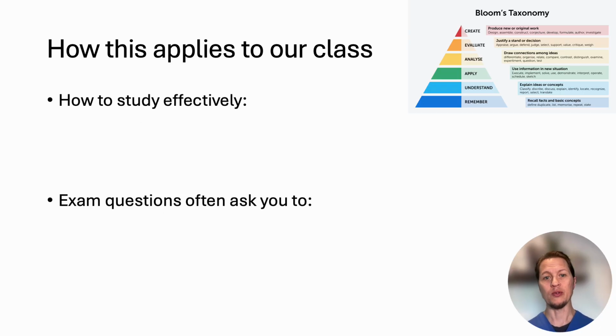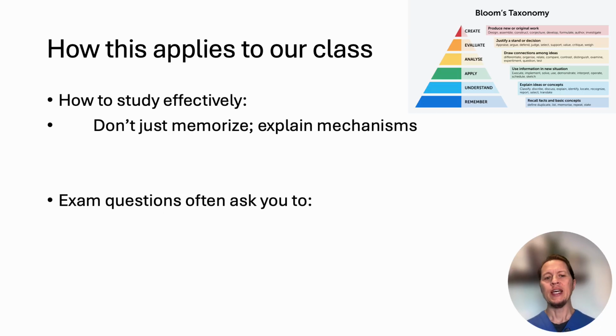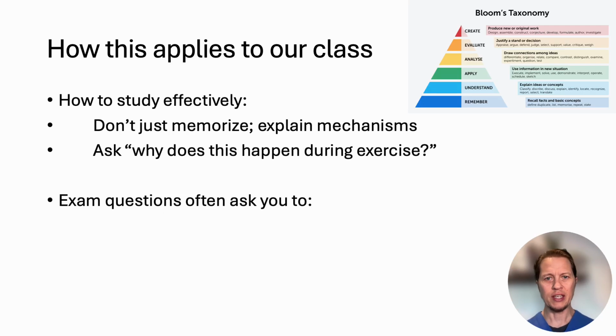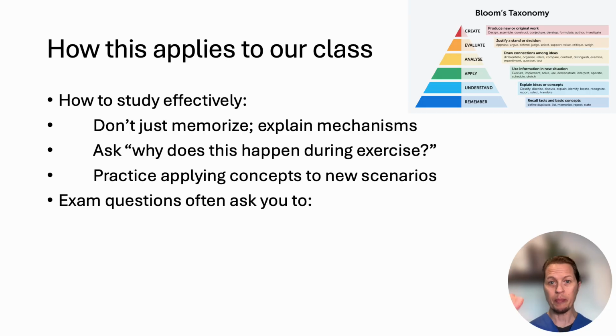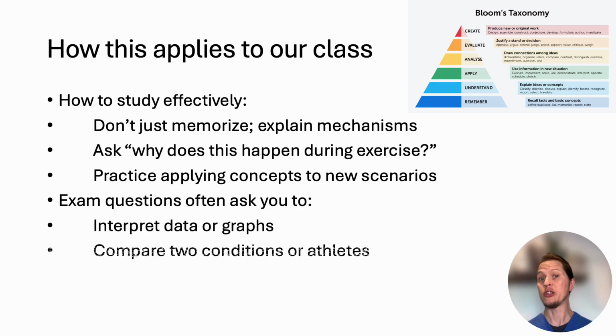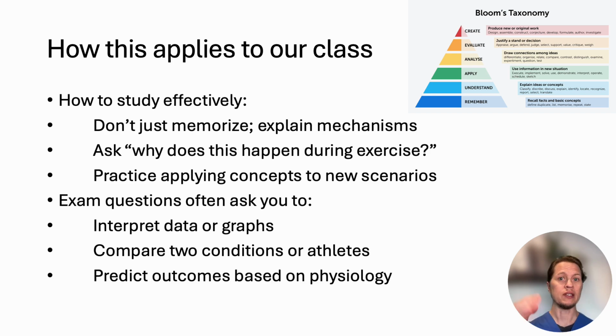Now, how this applies to our class, basically, if you're trying to study for an exam and you want to study effectively, don't just memorize it. You're trying to go up that triangle there. Ask yourself, why does this happen? What is going on? How can I apply it? And apply it to a new scenario. Because good exam questions that go up the chain of Bloom's taxonomy are going to try to get you to start predicting outcomes based on your prior knowledge.